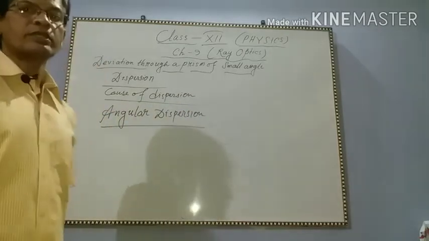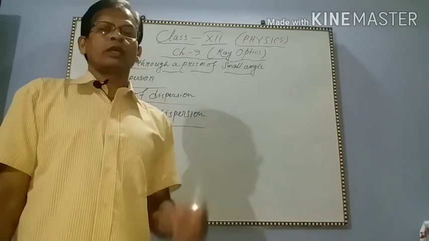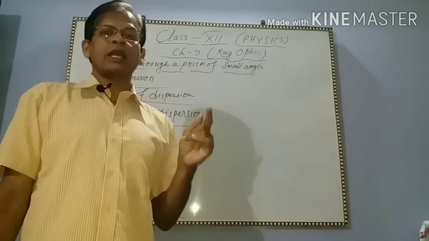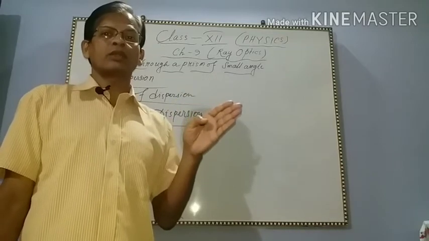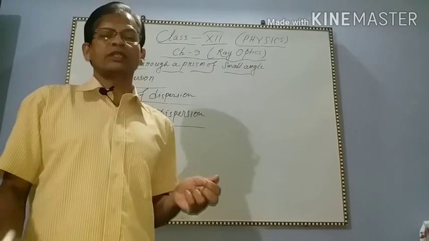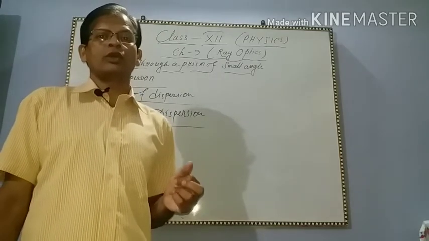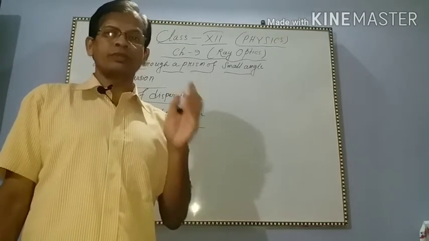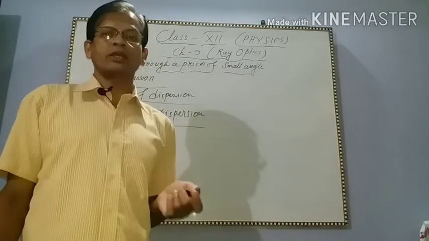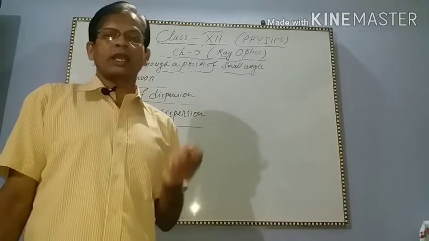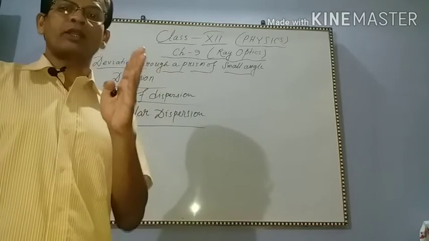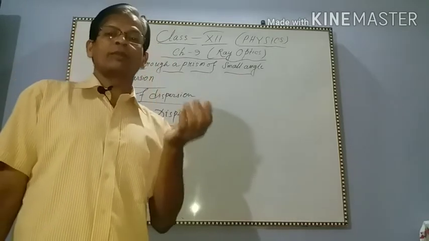Angular dispersion means the difference between the angle of deviation of the two end colors, that means red and violet. When white light passes through the prism, it will deviate through different angles; the angle of deviation for red is least and for violet is maximum.